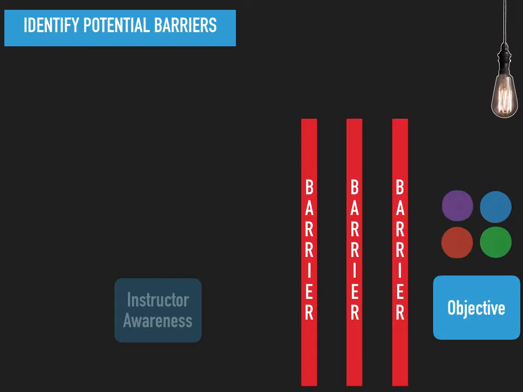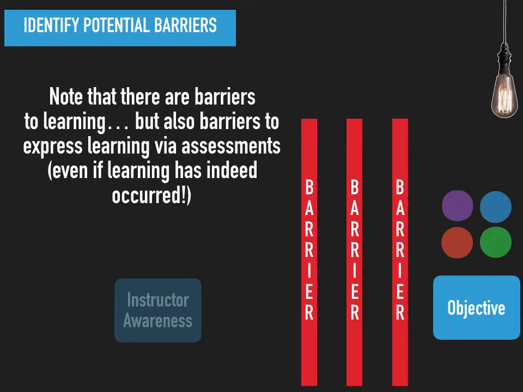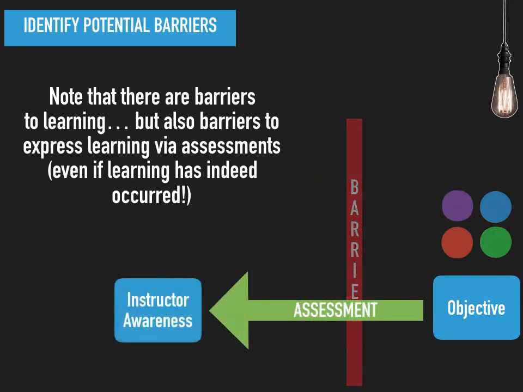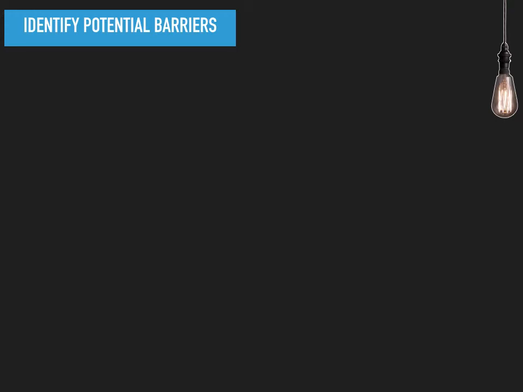We design assessments that allow them to show their understanding, but when the assessments are rigid and inflexible, then these too can create barriers to how our students express themselves, and students who understand content very well may find that when they're expressing their learning in a multiple choice test, or an essay, or a group project, that what they know does not come through, and therefore those barriers prevent them from demonstrating their knowledge. Again, we want to use the principles of universal design for learning to reduce or remove those barriers to allow all of our students to demonstrate their learning.